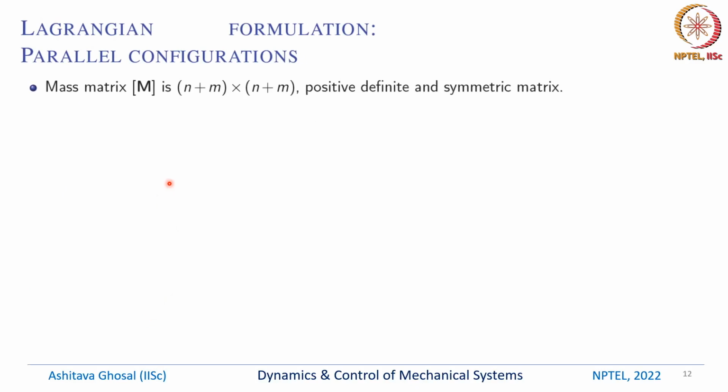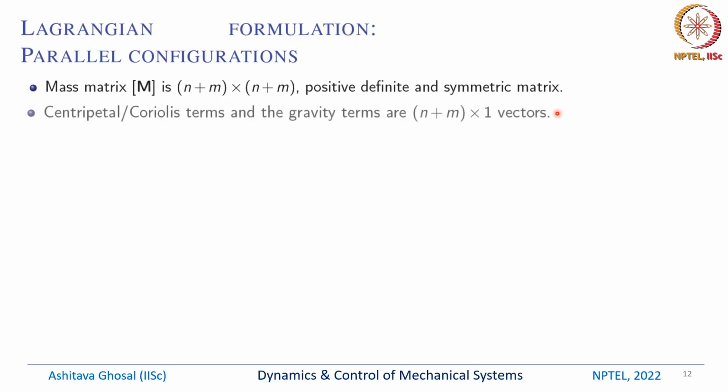So let's look at some of the properties of these equations of motion. First thing is that the mass matrix M is now n plus m by n plus m. Here n are the actuated joints, which is theta, and m are the passive joints, which come from the loop closure constraint equations. Even then, it is a positive definite, symmetric matrix.